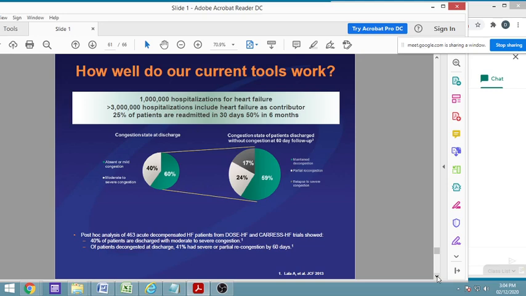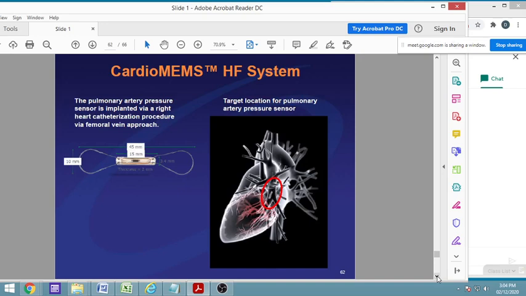Out of that, 20% are now maintaining the decongestion, they are well, and 59% are having decongestion, 24% are having partial congestion, and in 17% there is a relapse or severe congestion. That means these patients are increasing slowly. So this is how the problem is there, and these treatments are showing that it should be there.